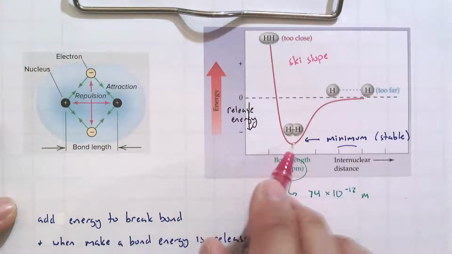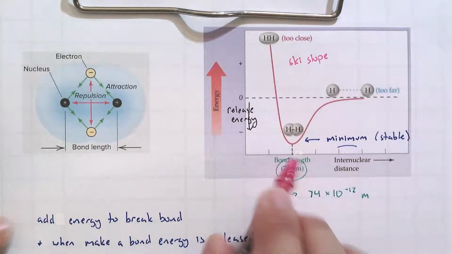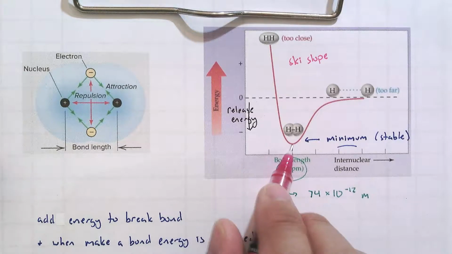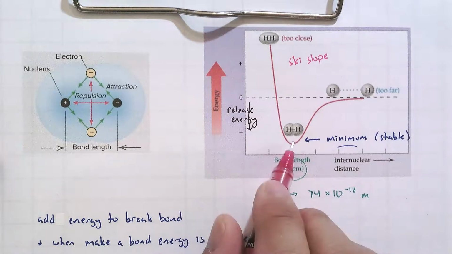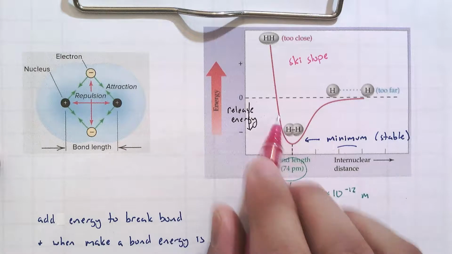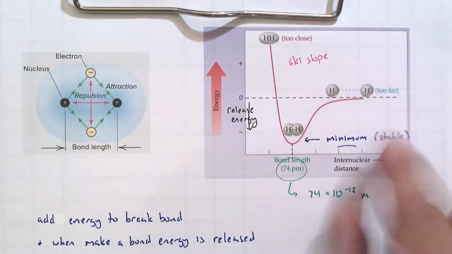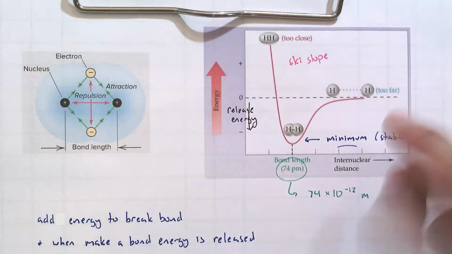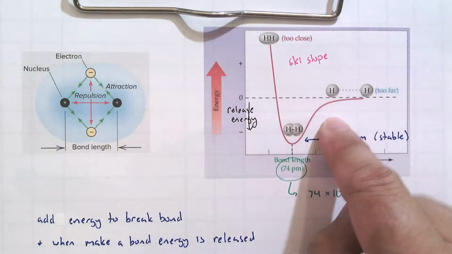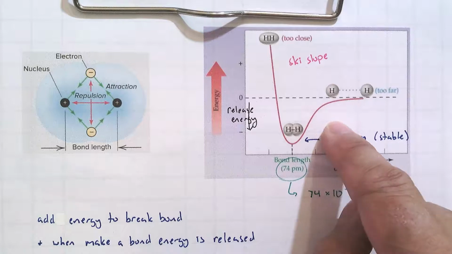But down here, the skier is very stable. In the valley, there's very little chance for it to move naturally because it's not going to move spontaneously uphill. So we could think of these potential energy diagrams as a ski slope. That's all I want to say about that.